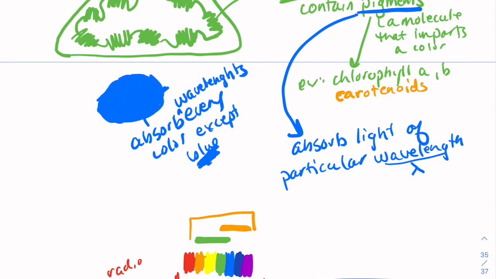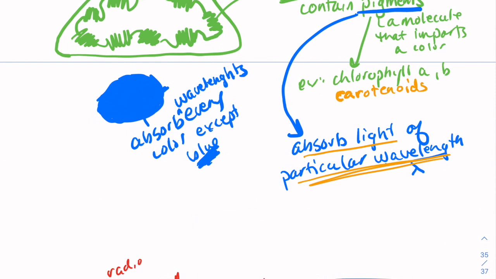And I'm spending time on this because we say plants use energy from the sun to make ATP for themselves. Well, how do they do that? They do that in part because pigments can absorb light of different wavelengths. Alrighty. I am not going to test you on the electromagnetic spectrum.